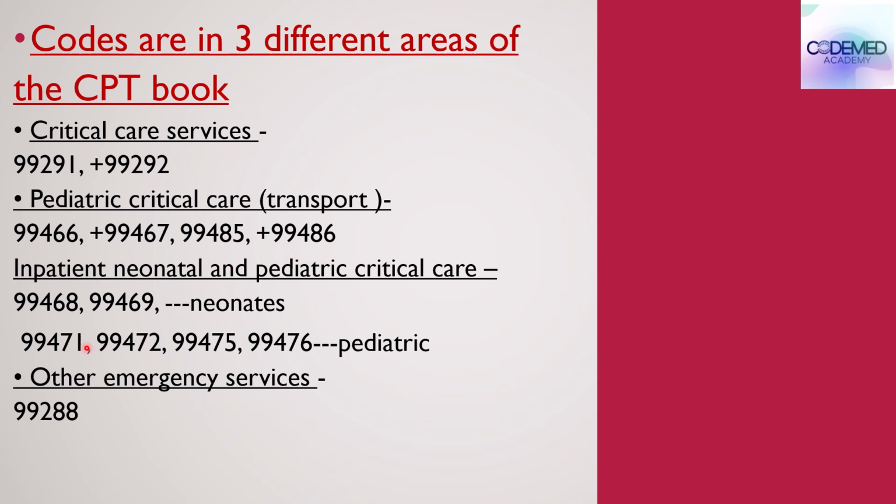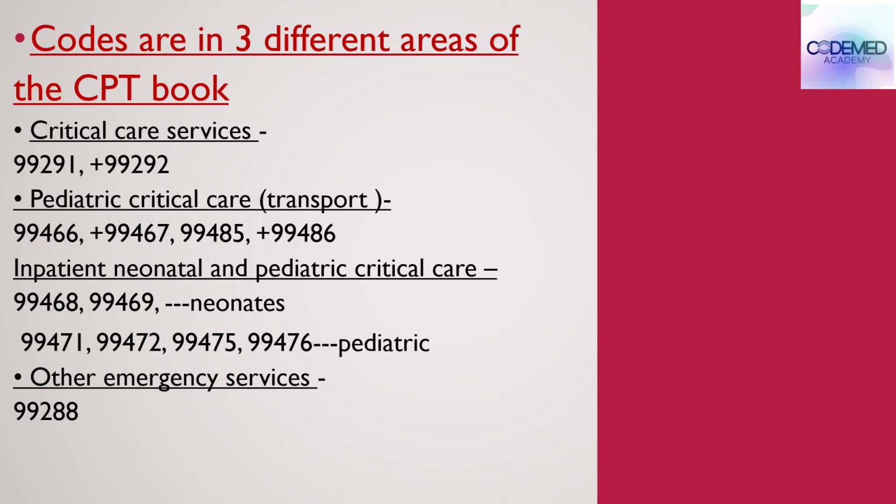Then we have inpatient neonate and pediatric critical care: the neonate codes are 99468 and 99469, while the pediatric critical care codes are 99471, 99472, 99475 and 99476. And then we have other emergency services code, which is 99288. I would request that you go through all the codes in your book and see them properly.